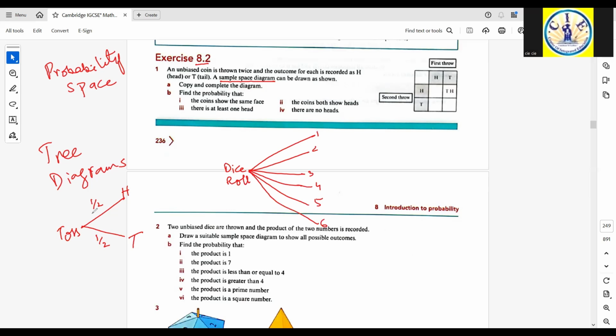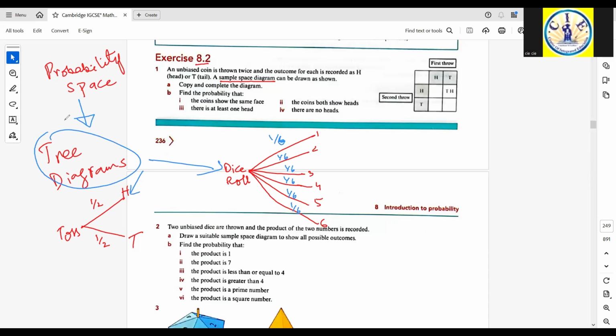So the probabilities of all of them, if you assume that it is a fair die, is 1 by 6, 1 by 6, 1 by 6, 1 by 6, 1 by 6, and 1 by 6. So that is the tree diagram. That is one of the forms of the probability space or the sample space diagram.